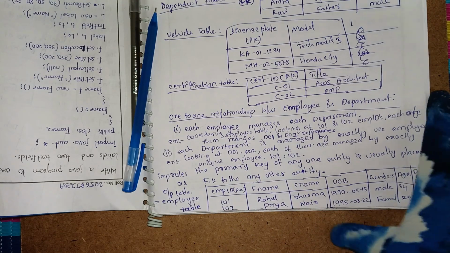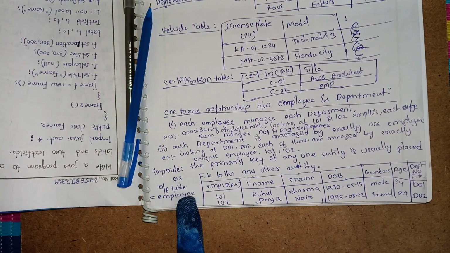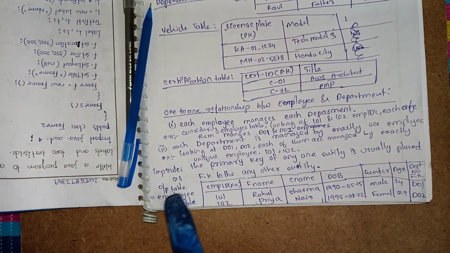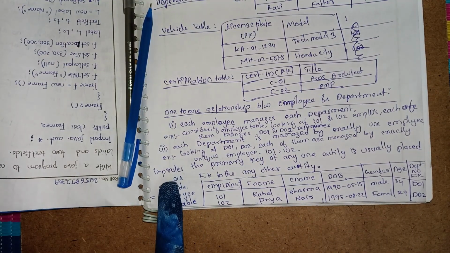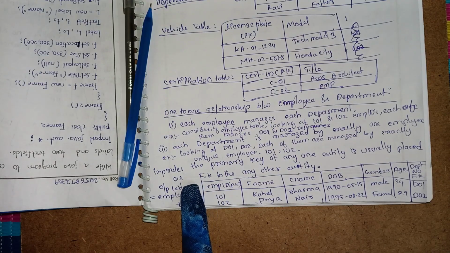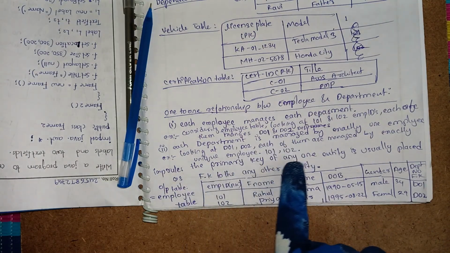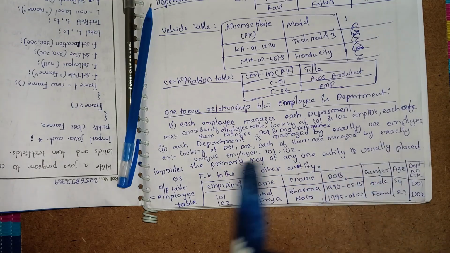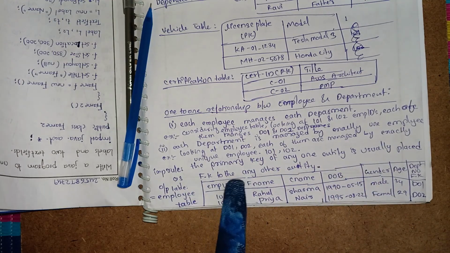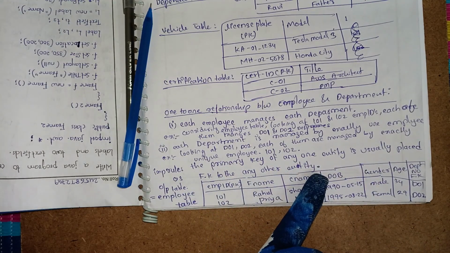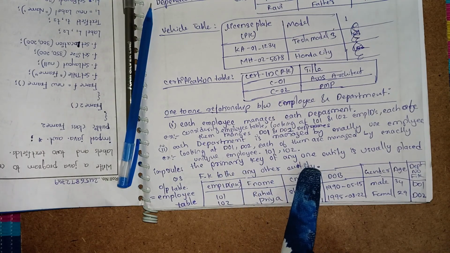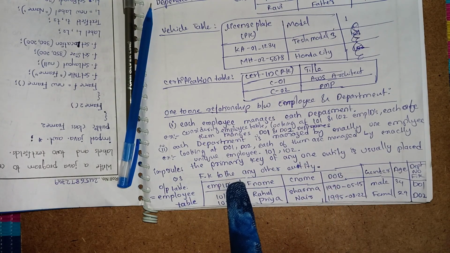So to generate this output table, that is the employee table, we have an important rule. In any one-to-one relationship, the primary key of one entity is usually placed as a foreign key in any other entity. The primary key of any one entity is placed as a foreign key in the other entity.